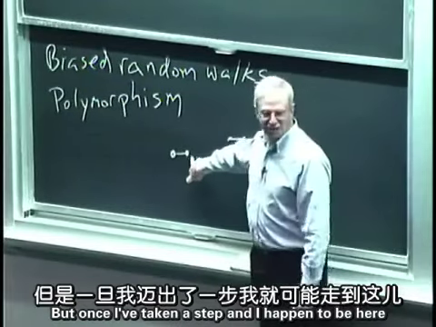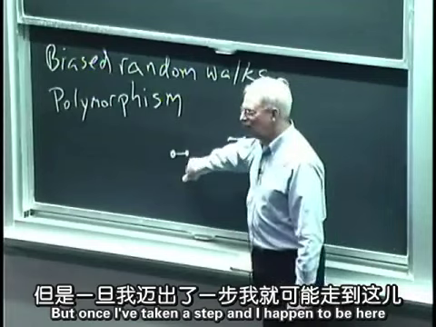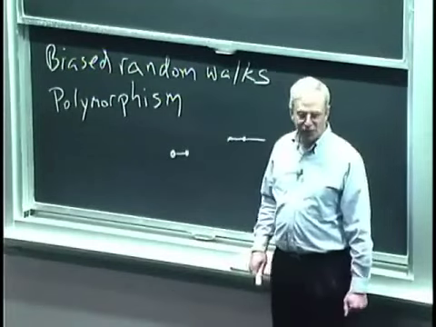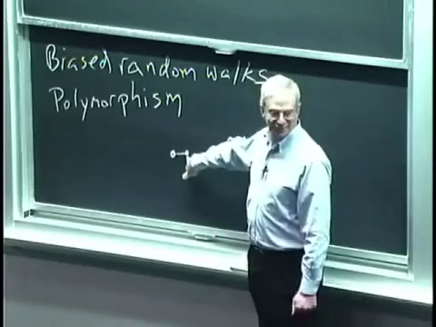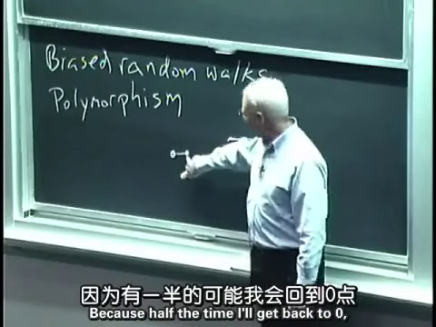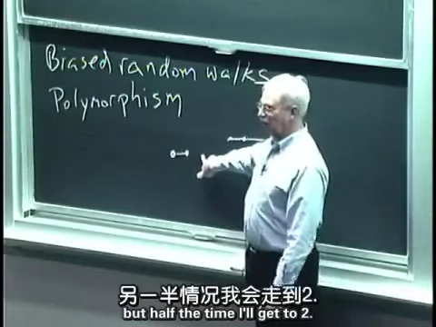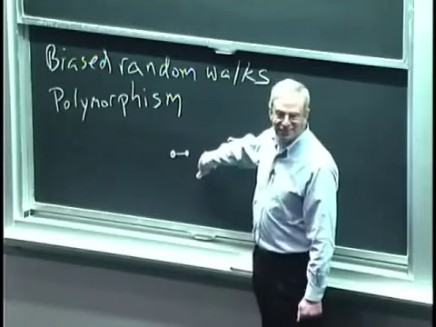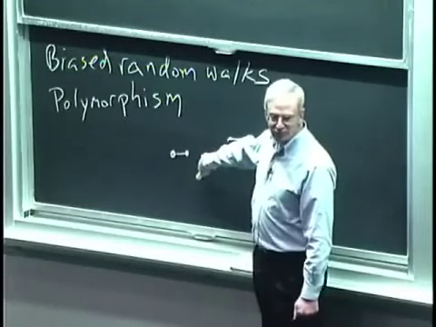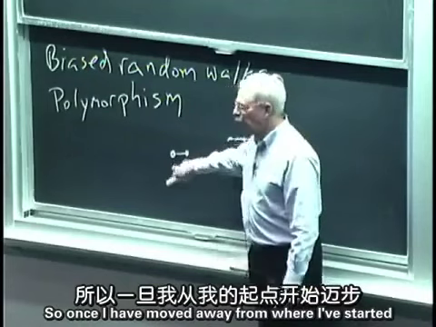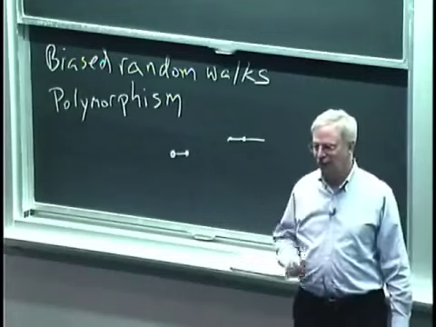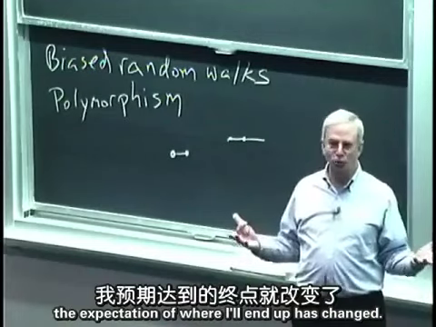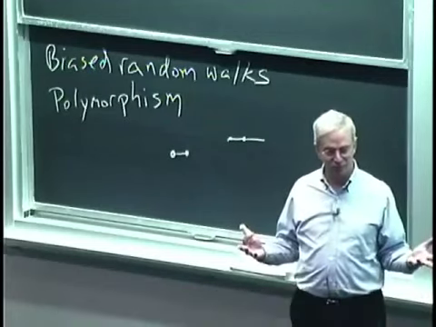But once I've taken a step, and I happen to be here, my expected location, if I'm here, is +1. It's not 0. Because half the time I'll get back to 0, but half the time I'll get to 2. So once I have moved away from where I've started, the expectation of where I'll end up has changed.